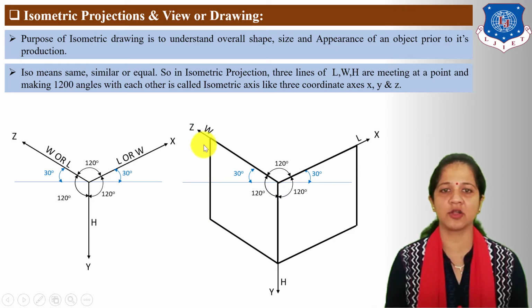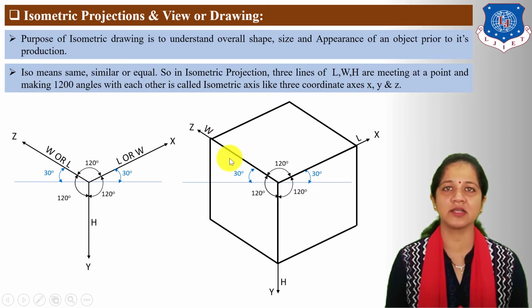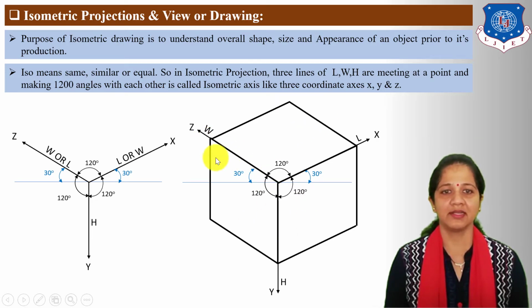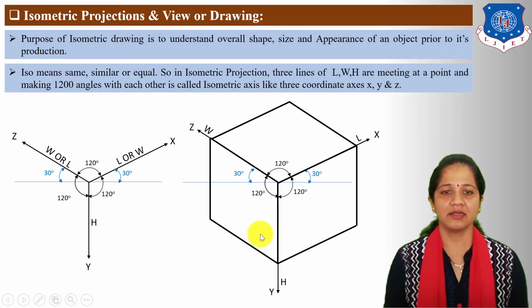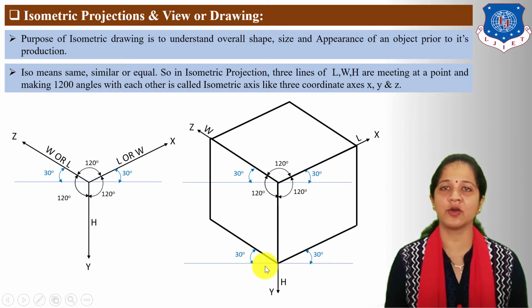From this point draw parallel to y-axis or parallel to height line. From this point, draw parallel to x-axis or length line and from this point, draw parallel to z-axis or width line and complete isometric box. Now, the angle from horizontal reference is 30 degree.